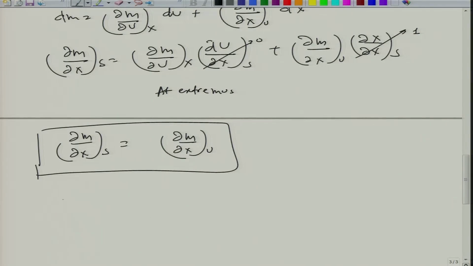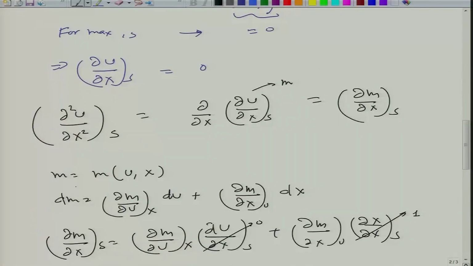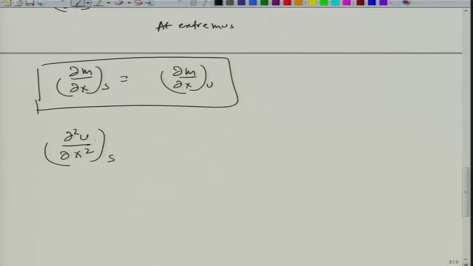So, this is nothing but del square u by del x square s, that is by definition, that is del m by del x was nothing but this, right. And now I can write this as follows: del by del x, del u by del x s.